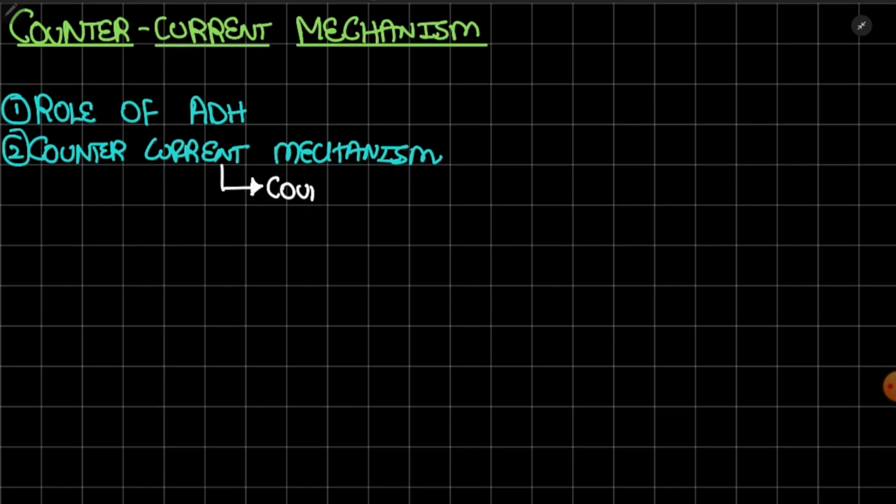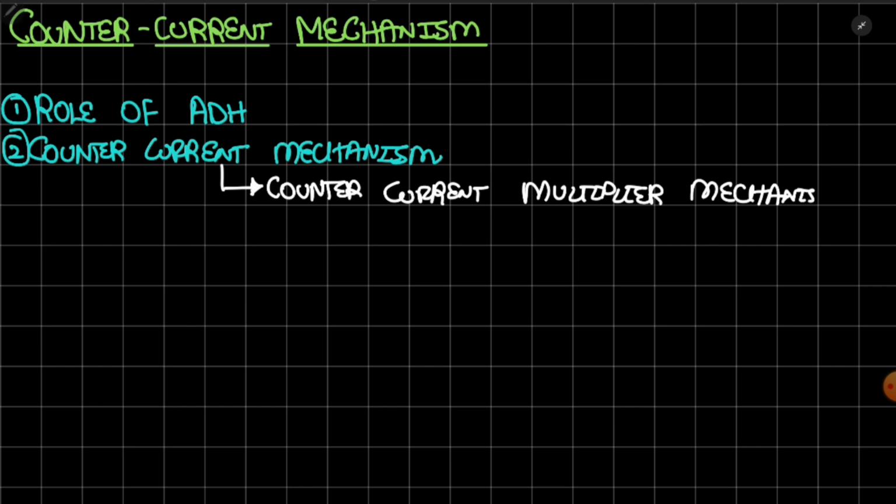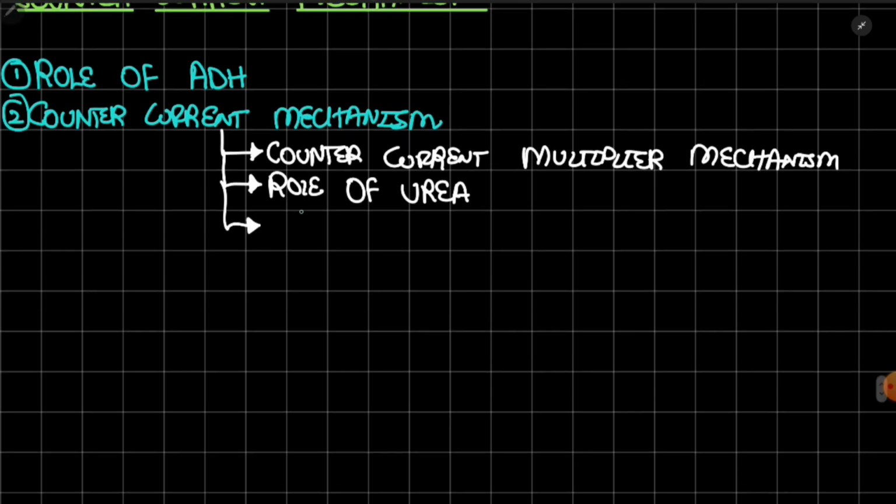The first is the counter current multiplier mechanism. Second is the role of urea, and third is the counter current exchange.